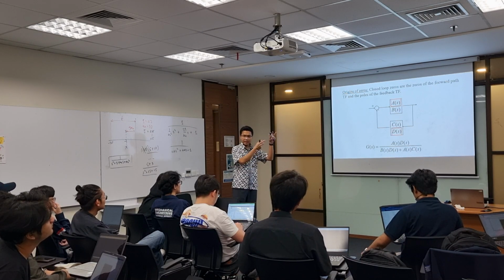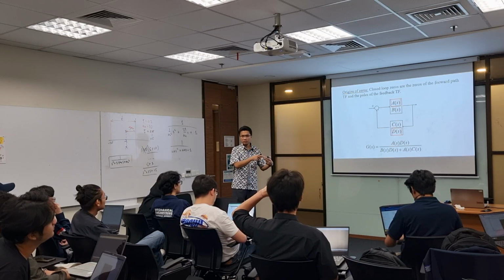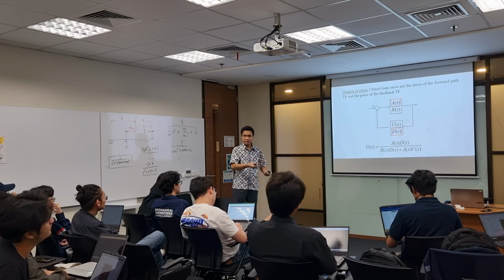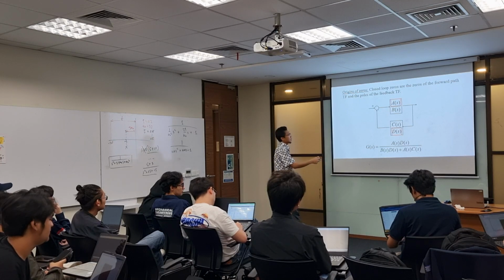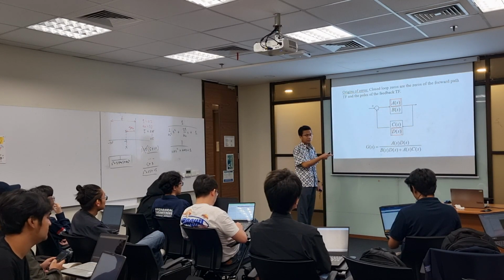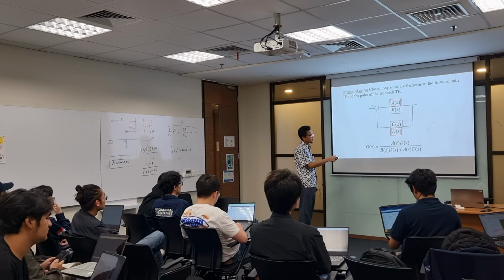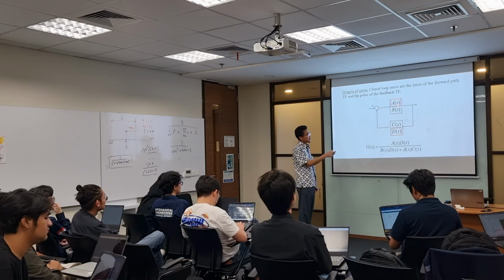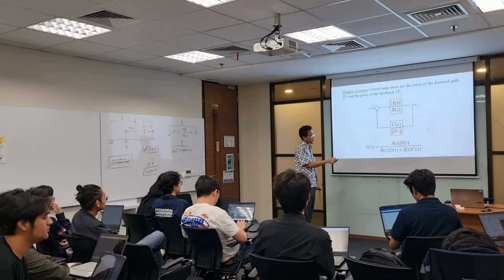Each of the blocks has zero and pole on their own, right? Yeah, usually. So you have your zero over here on the feedforward path. You have your zero here on the feedback path. This is the pole and that's the pole, okay?